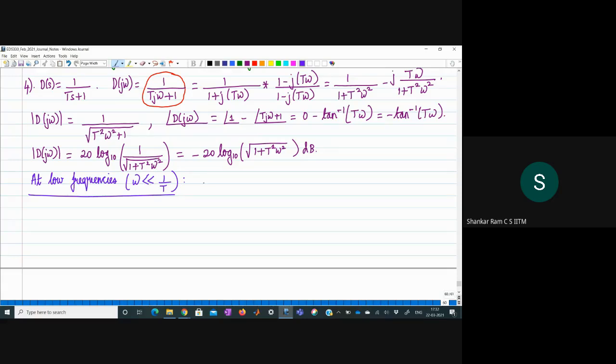So when omega is very much less than 1 by T, we can see that T omega is very much less than 1, by taking T to the other side. So let us say T omega is 10 power minus 2. What can we say about 1 plus T squared omega squared? What will be an approximation of this?